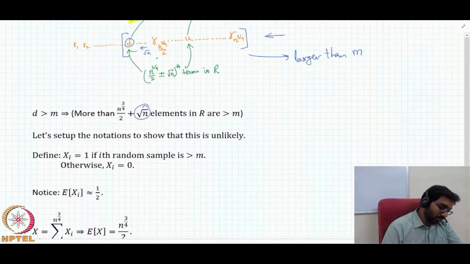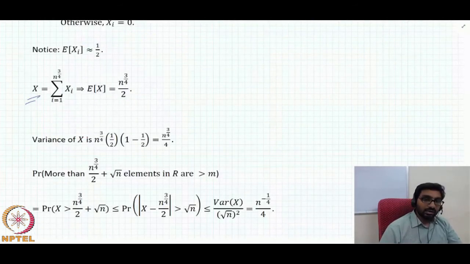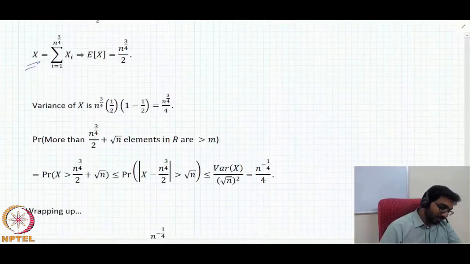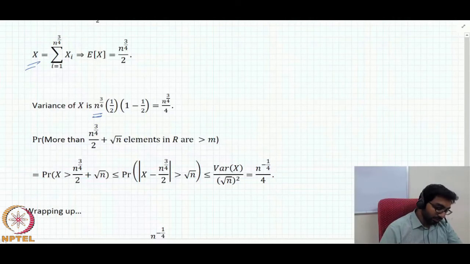Notice that X is a binomial random variable, and so its variance is given by the number of Bernoulli random variables times the probability of success of each, times the probability of failure of each. So the variance of X turns out to be n to the 3/4 divided by 4.